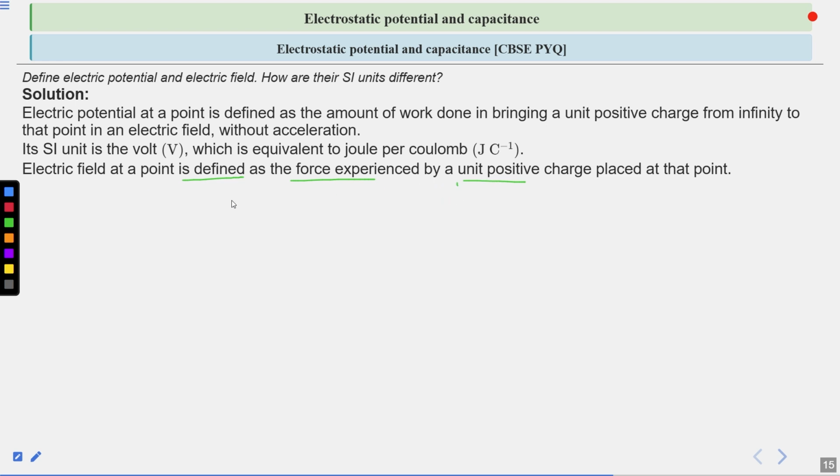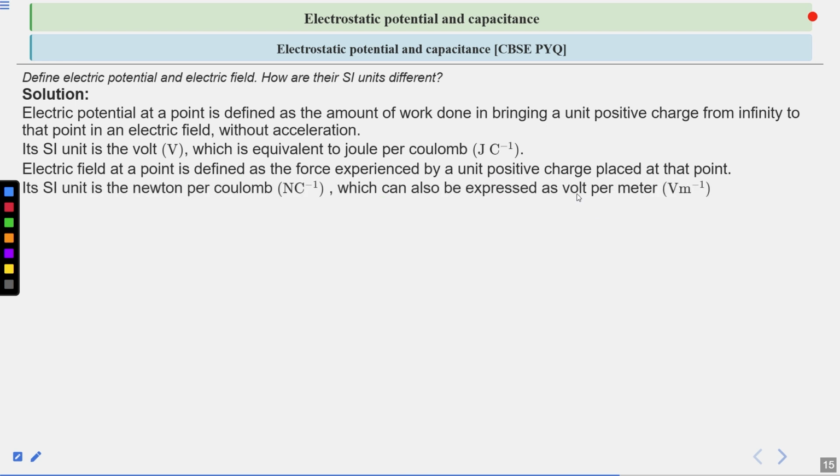In electric field we don't take into account the magnitude of the charge. We assume that the test charge being displaced near this source charge is of 1 coulomb, unity charge. So electric field is defined as the force experienced by the unit positive charge placed at that point.